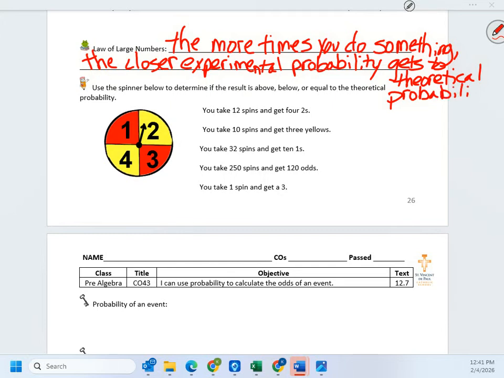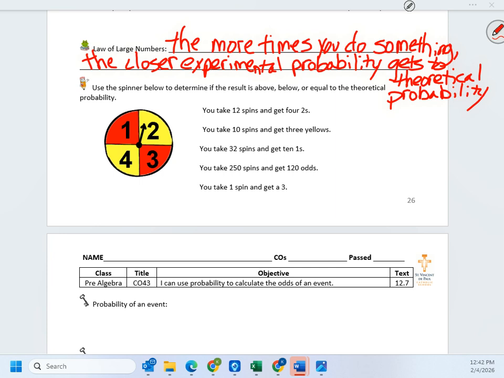This is why when people go to casinos, they get in trouble. They get lucky a couple of times. The more times you do something, the closer you're going to get to theoretical probability. What is the theoretical probability for casinos? Who's going to win? The house. The house always wins.